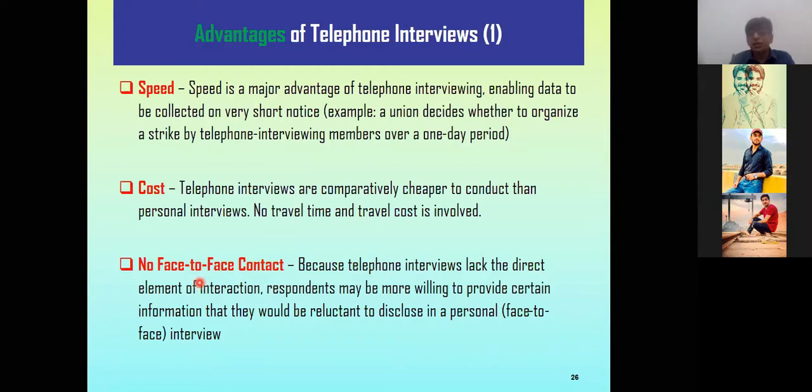GEM also collected data for a few years from Pakistani entrepreneurs through the telephone. From this point of view, it's very cheap.